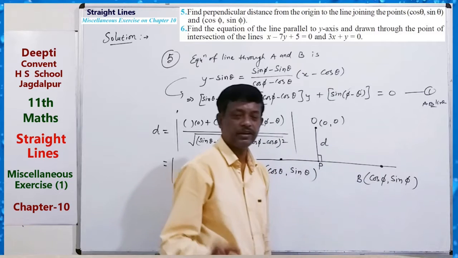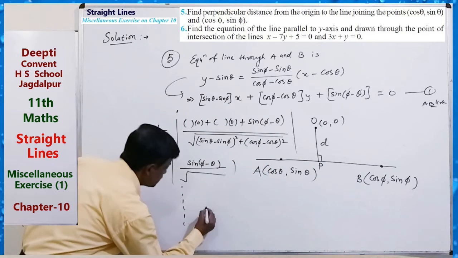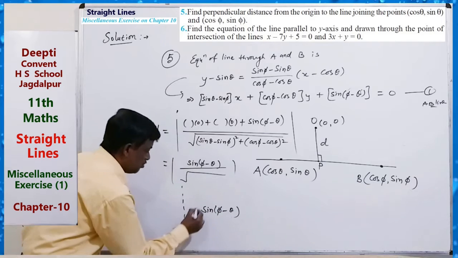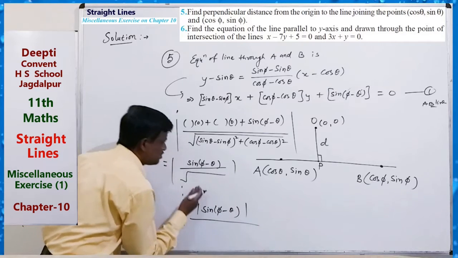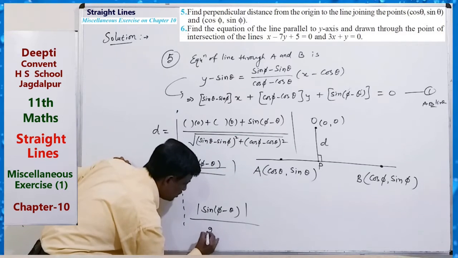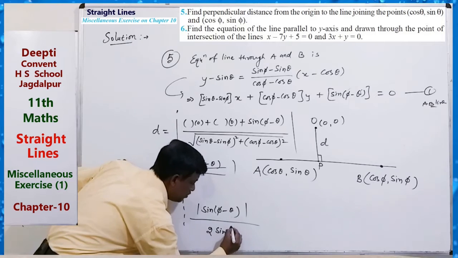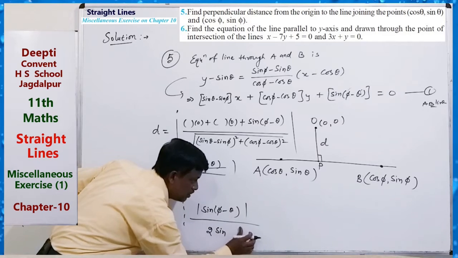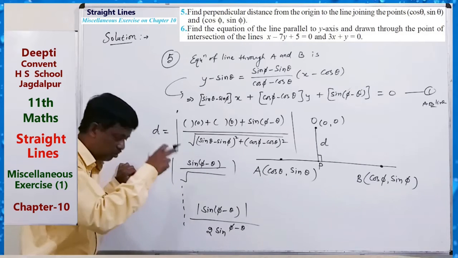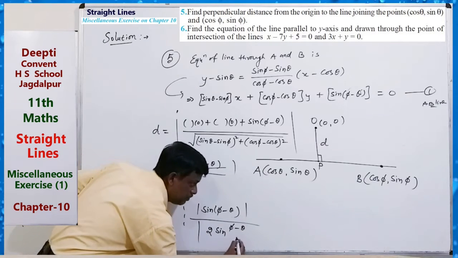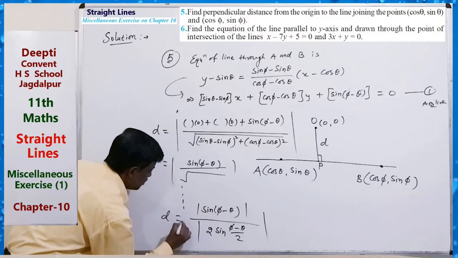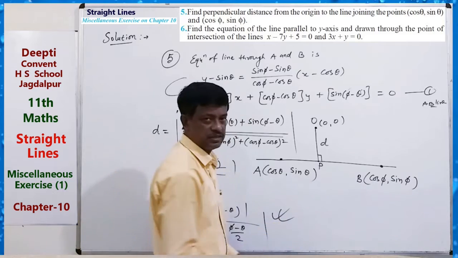You can get the result as modulus of sin phi minus theta upon, after solving, in short, 2 sin of phi minus theta by 2. Just simplify, you can get the distance.